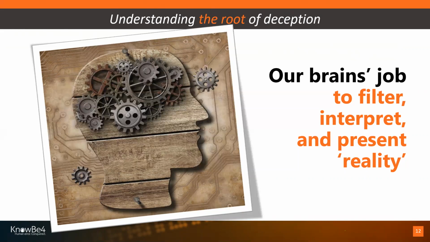We expect certain things to happen in certain situations. Those sorts of things become second nature to us, right? Our brain actually starts applying these filters, and then they start to interpret and present a reality that is not necessarily what reality is, okay?